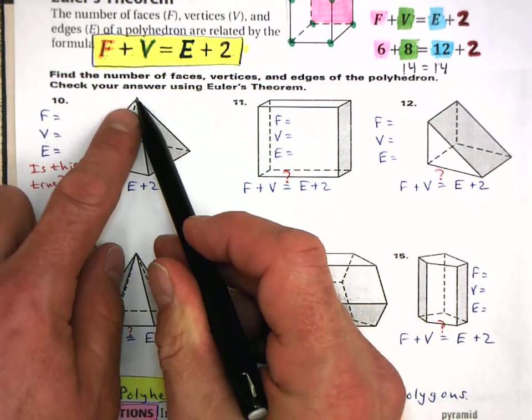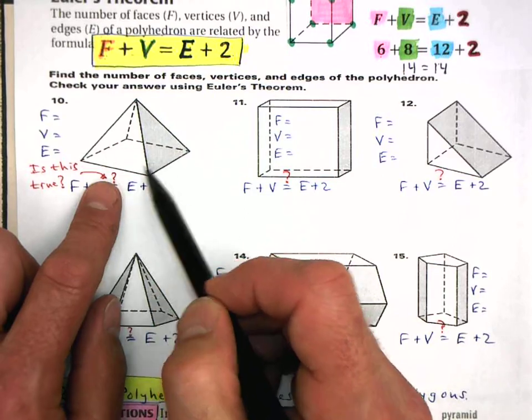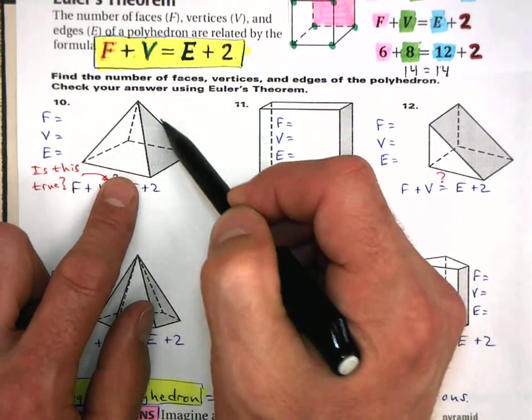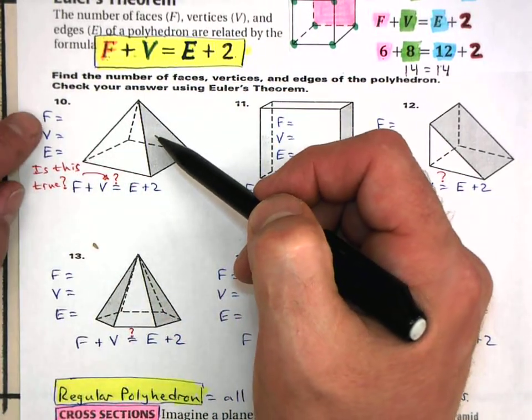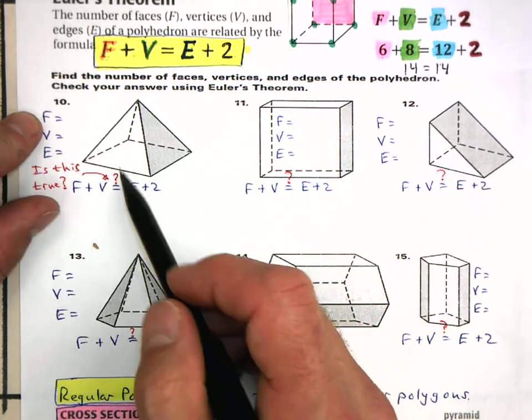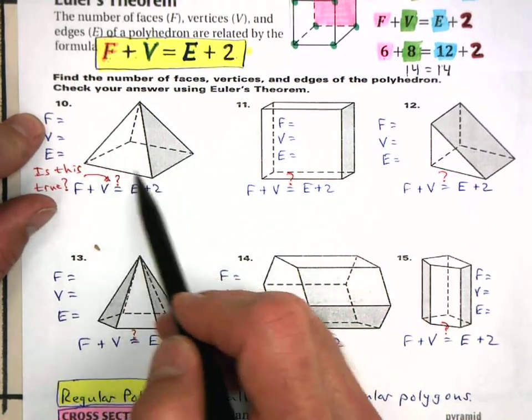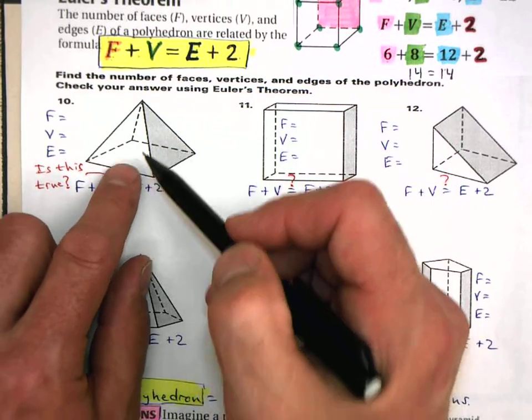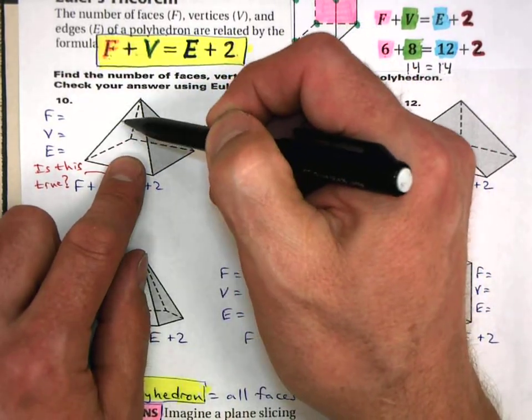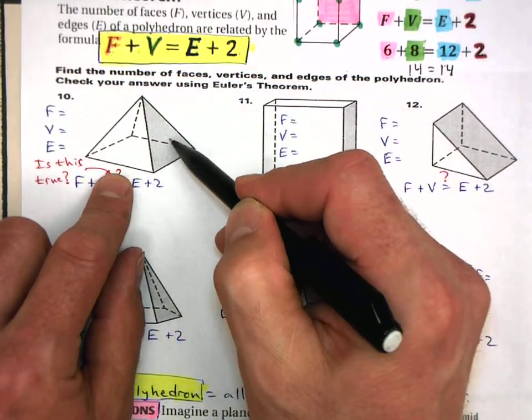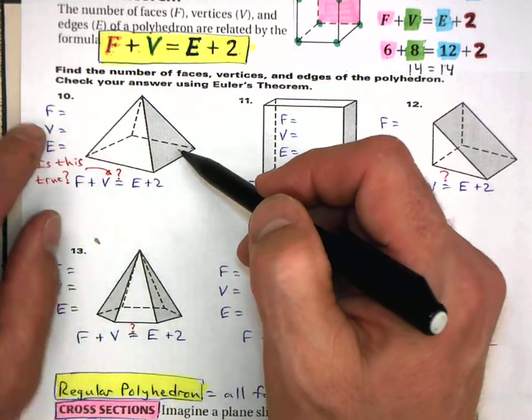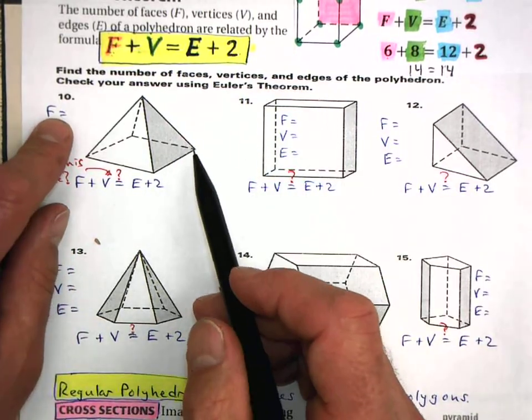Notice it's all coming up to a vertex. There's only one base, and all the sides here are triangular. So count the number of faces that you have. There's one face at the base, and then how many faces do we have going around the side? You can count the number of sides of the base. There's 4 of them, so that gives a total of 5 faces.